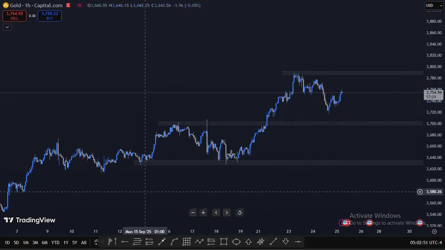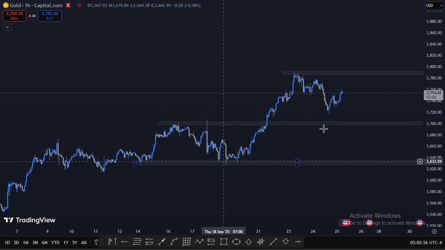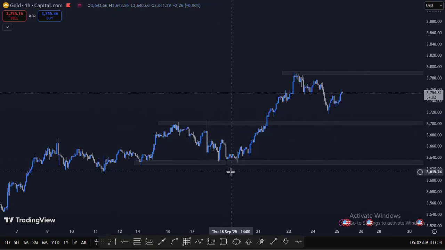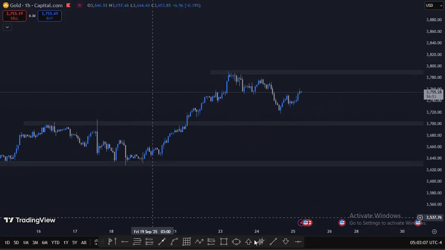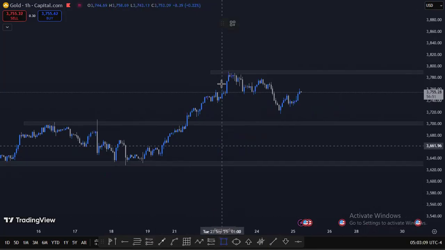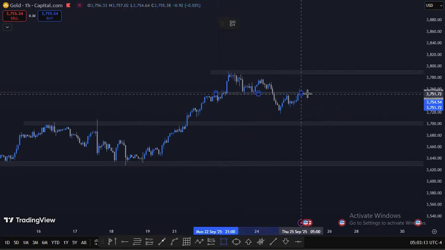So you mark down your support and resistance. After marking that, clearly you see on a 4-hour time frame, we're in an uptrend. So looking at the 1-hour time frame, we have a level here of which we buy.